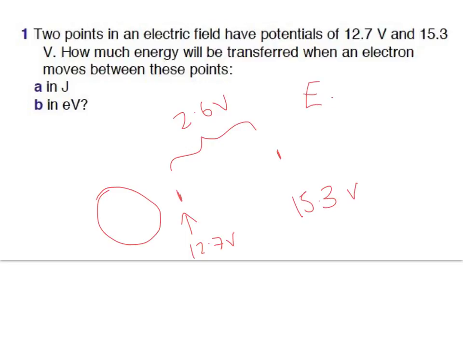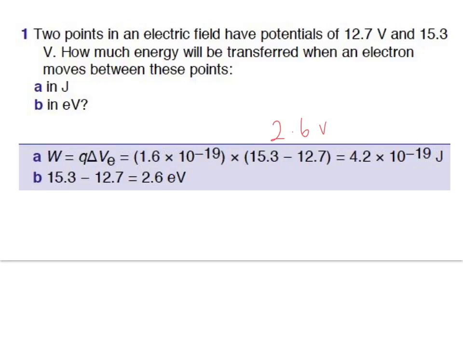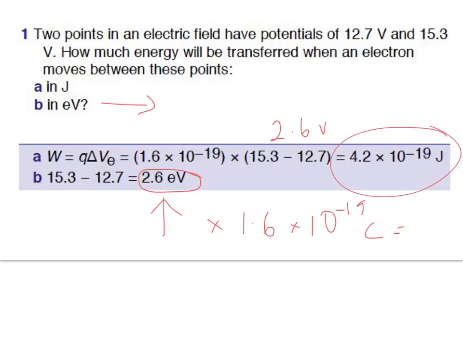Energy equals QV. So our answer for the number of eV, which is actually easy, I don't know why that's the second part of the question, is 2.6 eV. And then if we multiply that 2.6 times 1.6 times 10 to the minus 19, we would get the number in joules, which is 4.2 times 10 to the minus 12.